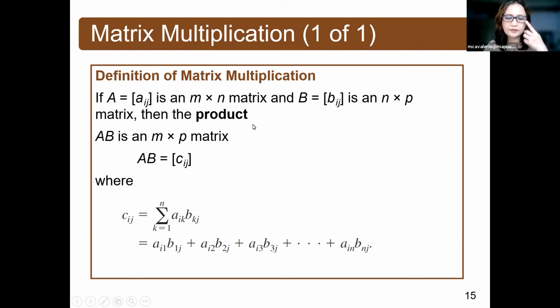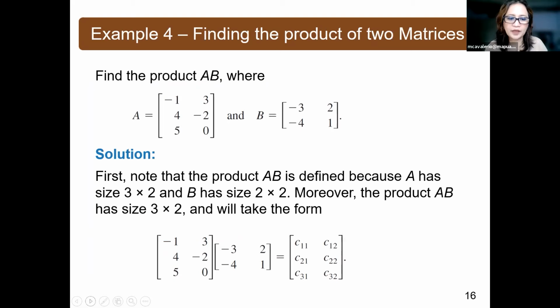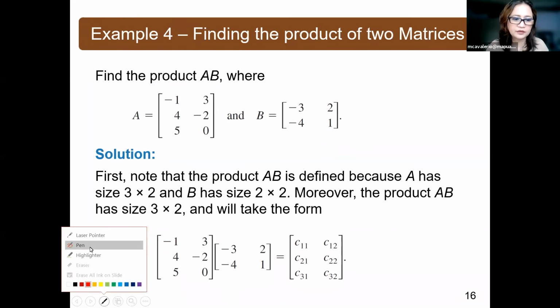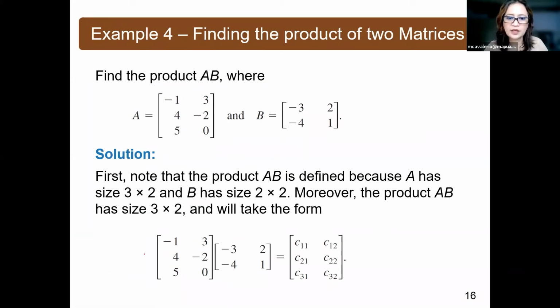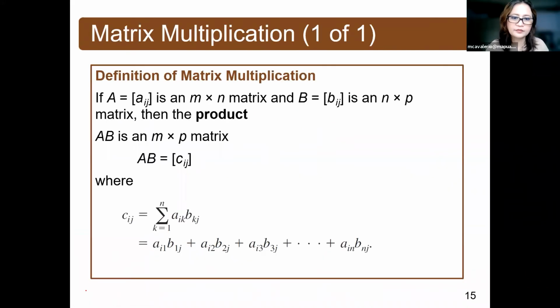So say I have A here, which is an m by n matrix. Multiply it by B, which is an n by p matrix.